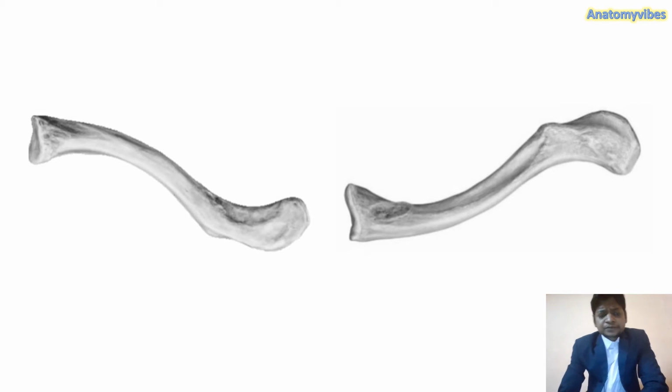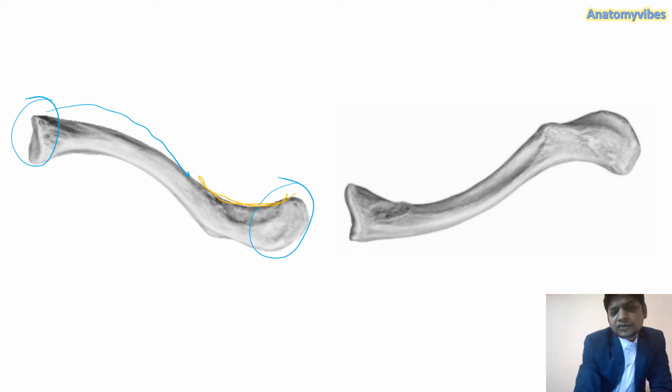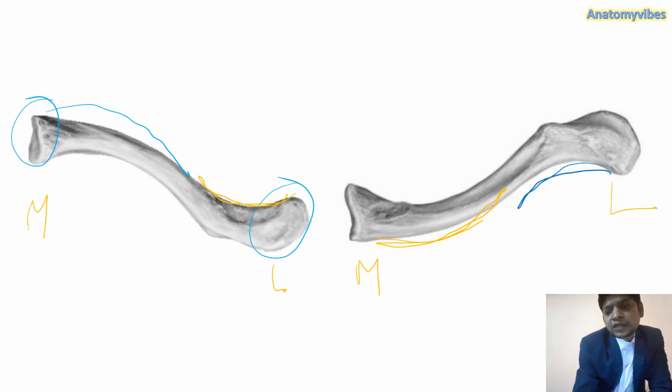Here you can see that this is the medial end, this is the lateral end. Medial side is convex anteriorly and lateral side concave anteriorly. Medial, lateral. Similarly here is medial, lateral, convex and concave. Now this view is the superior view and this view is the inferior view.